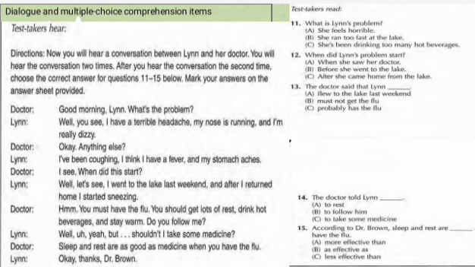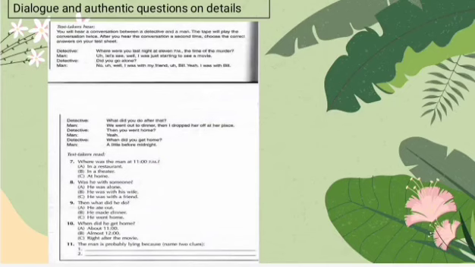So, in this example, the test taker will hear the conversation between a doctor and Lind, and then the test taker reads in the task some questions related to what the test taker hears. Because it is dialogue and multiple choice comprehension items, the questions are presented to test initial understanding, which the test taker can easily identify with what they hear.